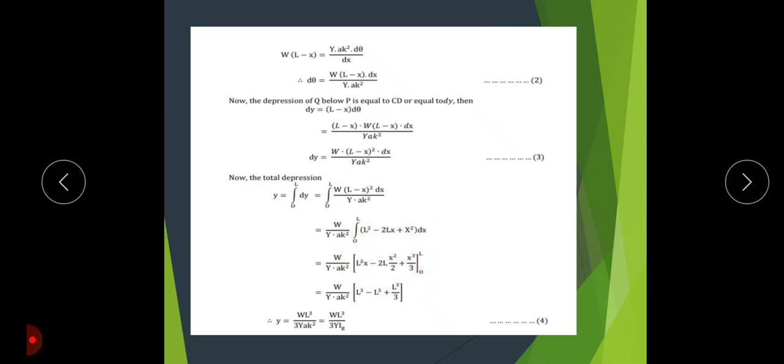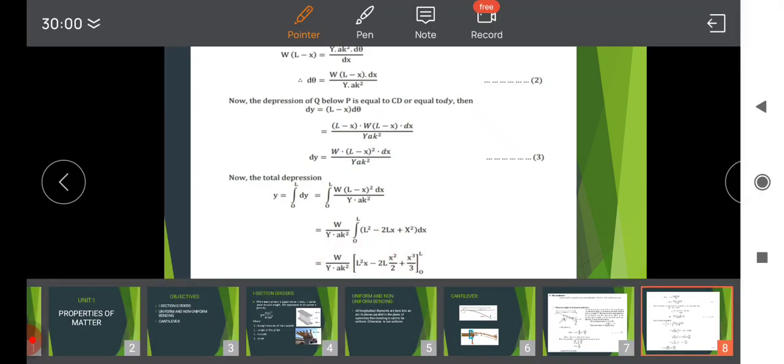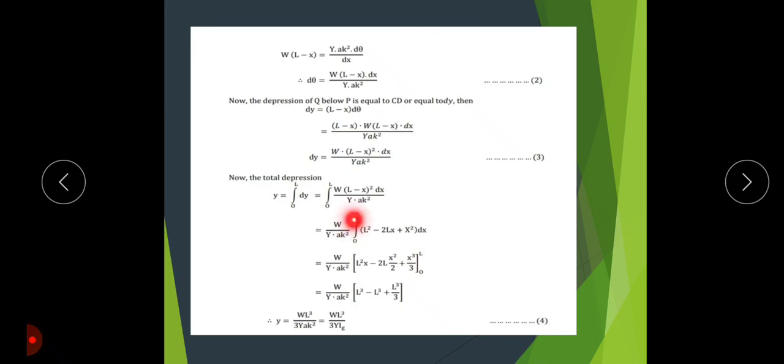The next step becomes, here w divided by Y k square is the constant term, same as in the previous step. And next, L square into x, integrated with respect to x, becomes L square into x, minus 2L into x square divided by 2, plus the integral of x square, that is x cube divided by 3.